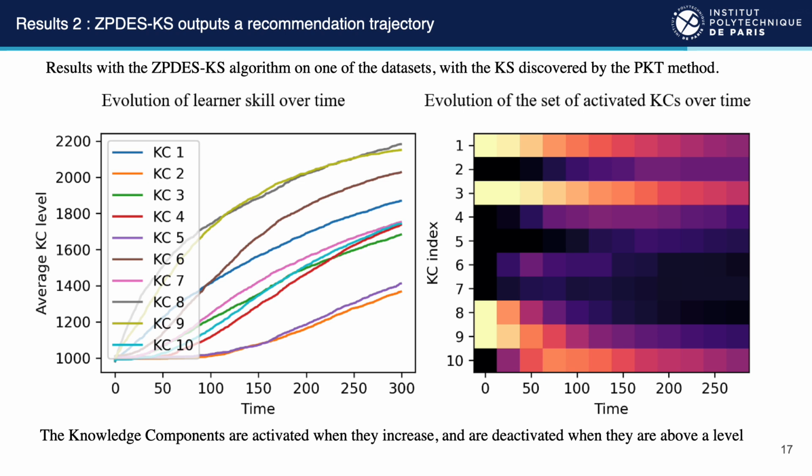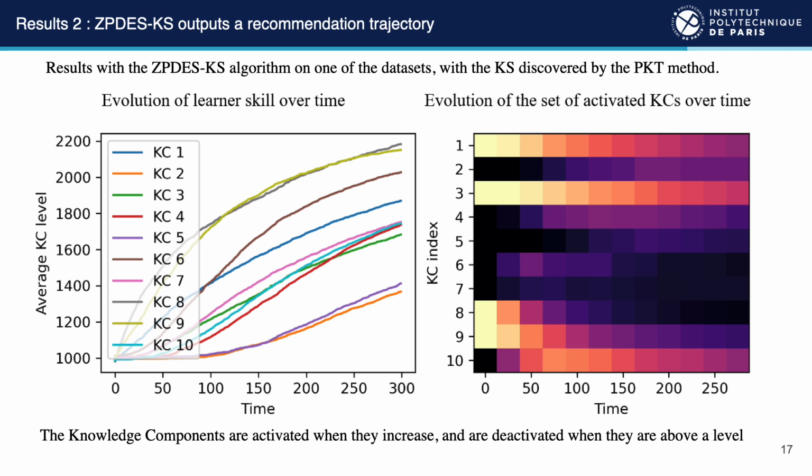On the right, we have the x-axis, which still represents time, the number of exercises trained, and the y-axis represents each of the knowledge components, and we represent here the evolution of the set of activated knowledge components over time.